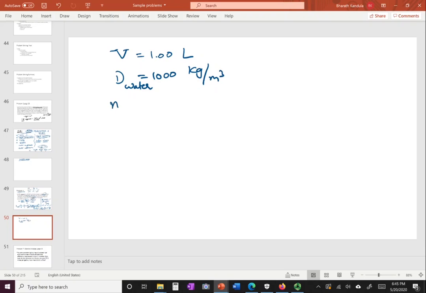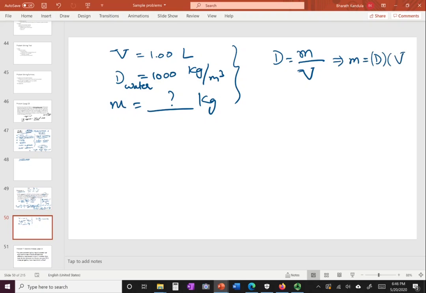So we need to find out what is the mass of this in kilograms. Understand? Now what is the equation that relates density, mass and volume? That is density equal to mass by volume. Understand? So here we need to find out mass. So mass is equal to density times volume here.